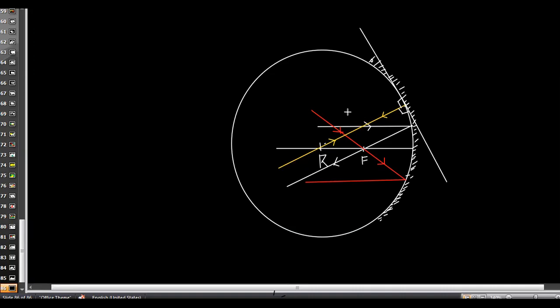Got it? The first ray is represented by white color. If a ray is passing parallel to the principal axis, then it will pass through the focus. If a ray is passing through the focus, then it will be parallel to the principal axis. And if a ray is passing through R, then it will come back to its original path. Okay. Got it, beta?